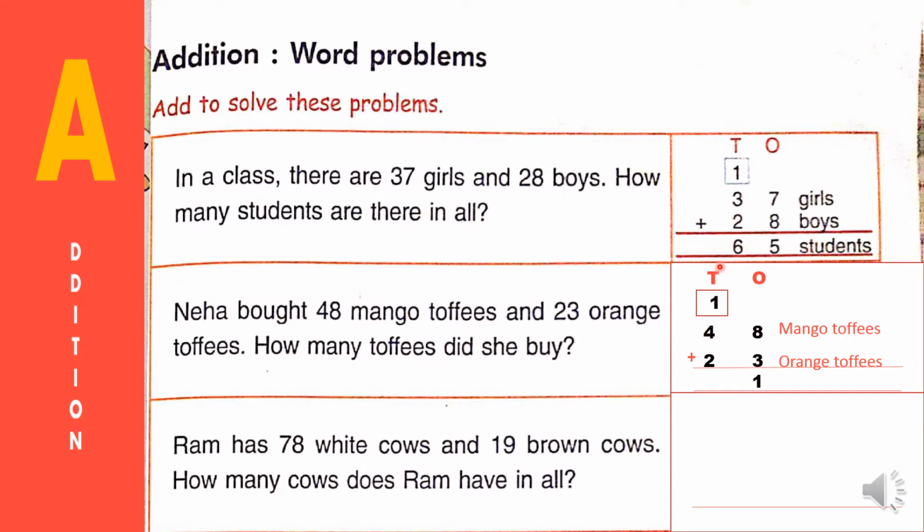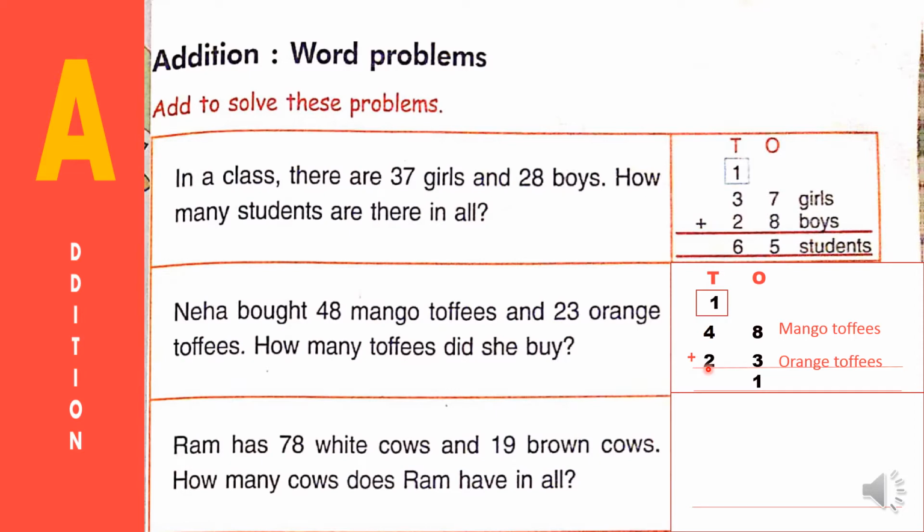Next we have to add the tens column. Here 3 numbers are there. First we should add these 2 numbers. Which number is bigger? 4. Keep 4 in your mind, 1 is in your hand. 4, after 4 comes 5. If you add these 2 numbers, you get 5. So keep 5 in your mind, 2 is in your hand.